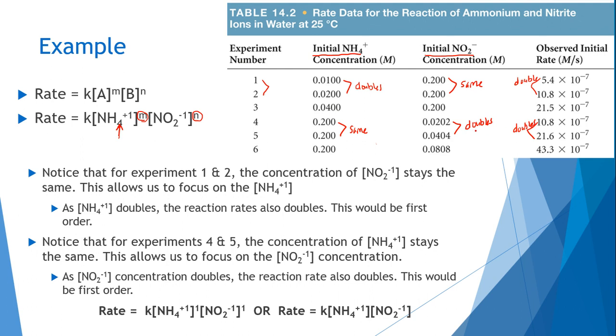So again, the concentration doubled, and the reaction rate also doubled. This indicates a first order reaction. The way that you could write it is by putting 1 in for those exponents, or note that if the exponent is 1, you can just omit it and write it as such.